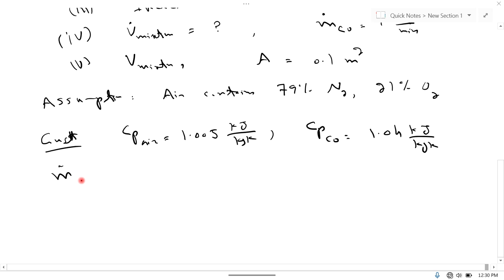The molar mass of air is 28.96 kilogram per kilomole, and of carbon monoxide is 28 kilogram per kilomole.